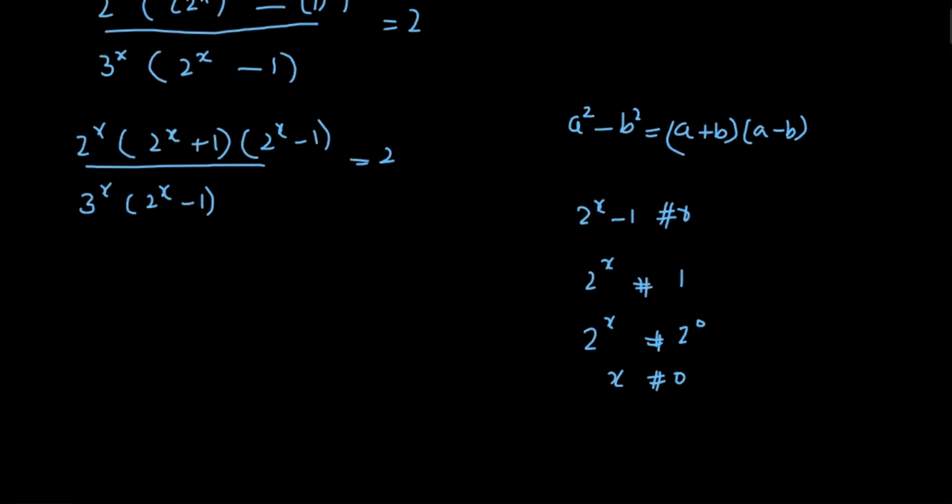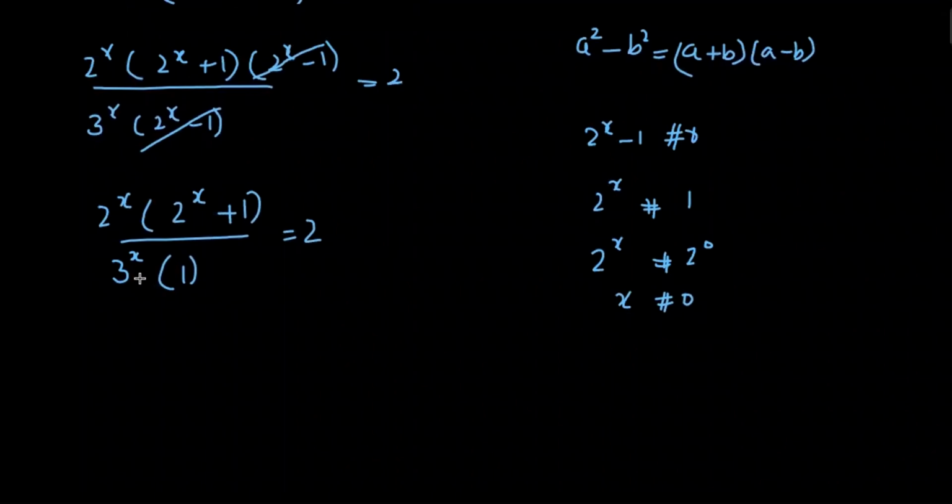Now we simplify this equation. We get 2 power x minus 1 and 2 power x minus 1 cancel each other. Now we get 2 power x as it is into 2 power x plus 1 over 3 power x into 1, that's equal to 2.